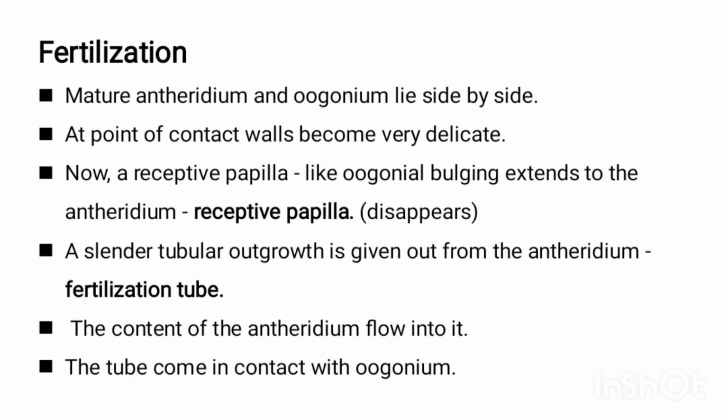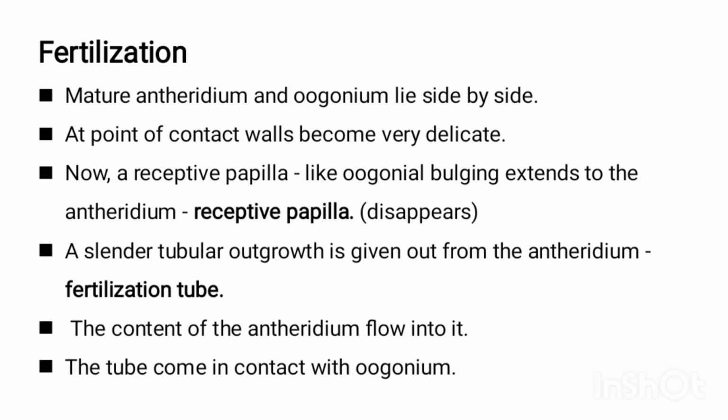It later disappears. A slender tubular outgrowth is given out from the antheridium, which is called the fertilization tube. The content of the antheridium flows into the oogonium through this fertilization tube, and the tube comes in contact with the oogonium.